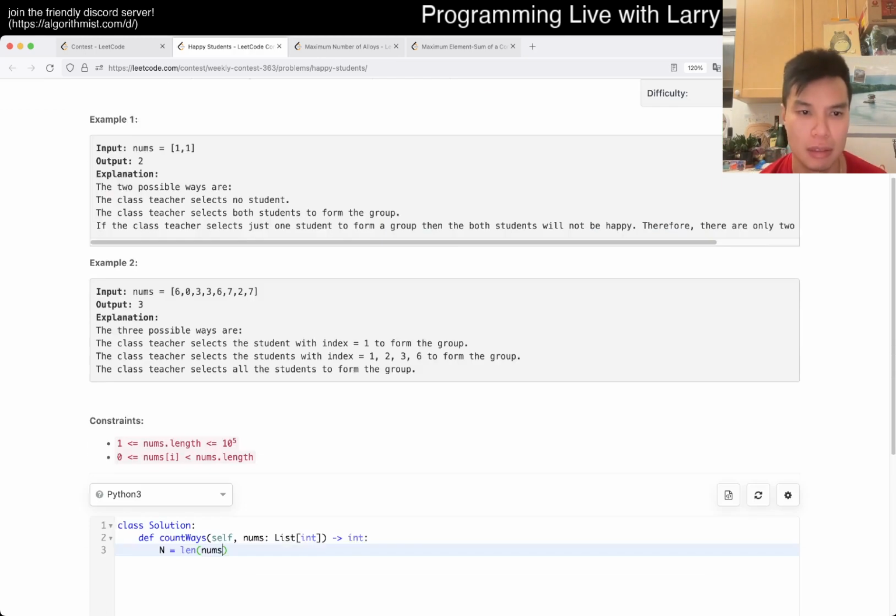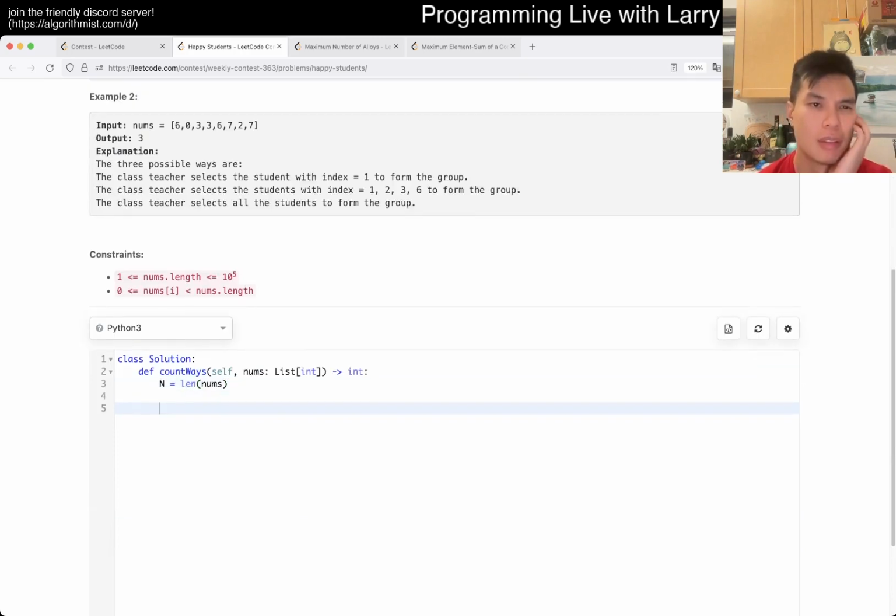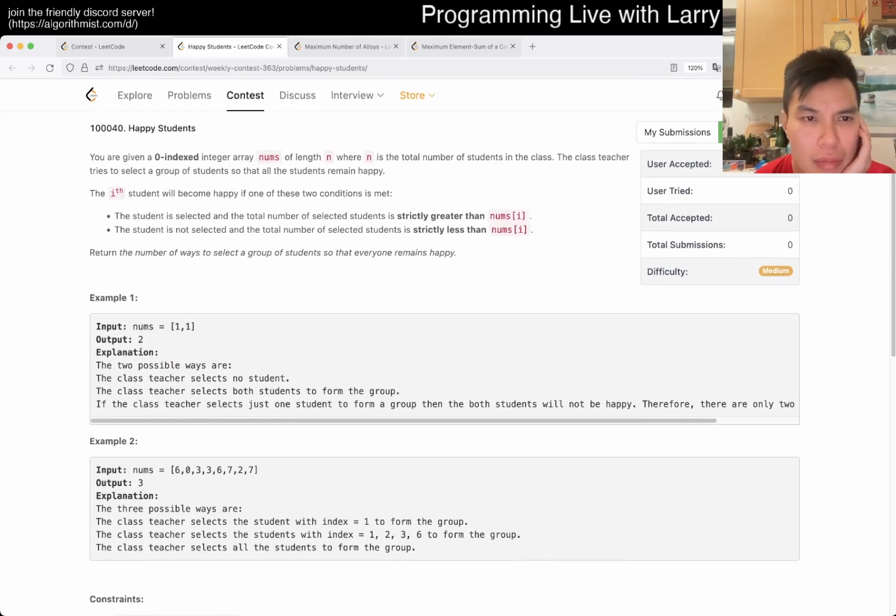Let's see. If the student is selected and the number of students is greater than it. This is hard to read.